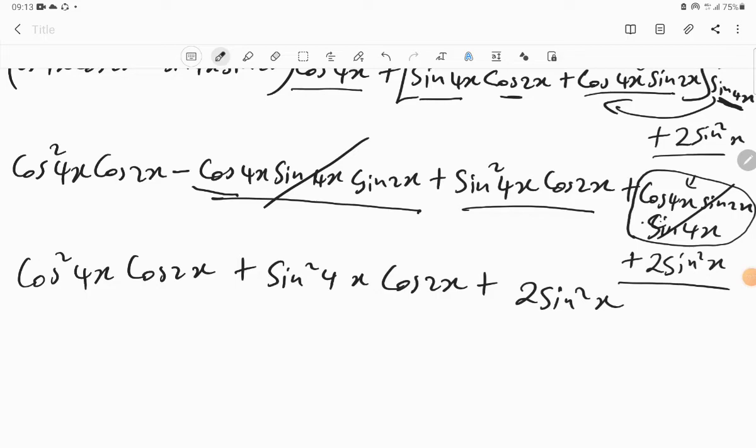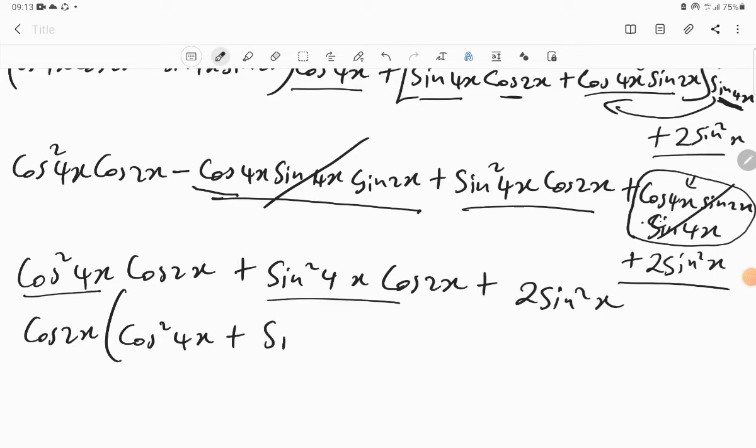Fortunately, in these ones, we can see that there is something common, which is cos 2x and cos 2x. So we can take it out. Now what are we having? We have cos 2x, then take it out, we'll be left with cos squared 4x. Then this side you'll be left with plus sine squared 4x.